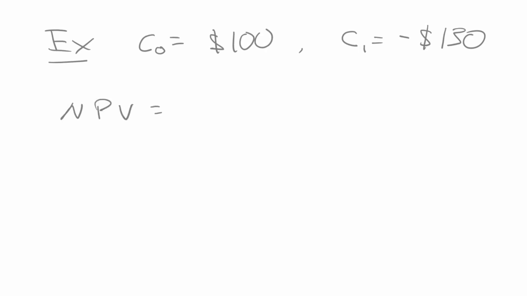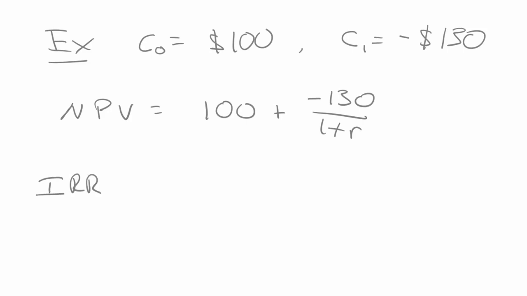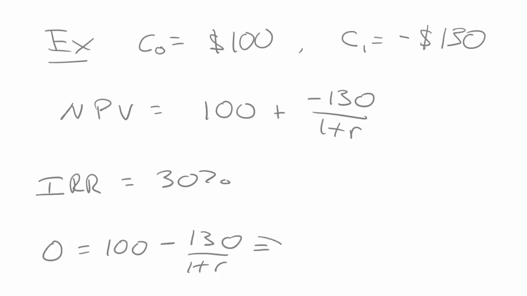NPV of this project is 100 plus negative 130 over 1 plus R. The IRR, namely the R that makes NPV equal to 0, is equal to 30%, right? Because if we say 0 equals 100 minus 130 over 1 plus R, that implies that R is equal to 130 over 100 minus 1.